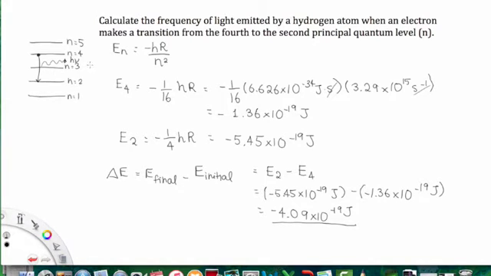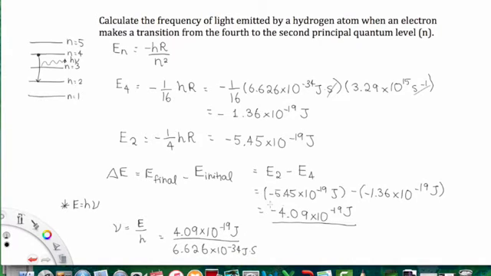And now we can use E equals h nu to calculate the frequency of this light that's being emitted. We've seen this equation before too. Nu is E over h, which is just a rearrangement of E equals h nu. And we get 4.09 times 10 to the power of negative 19 joules over 6.626 times 10 to the power of negative 34 joule second.